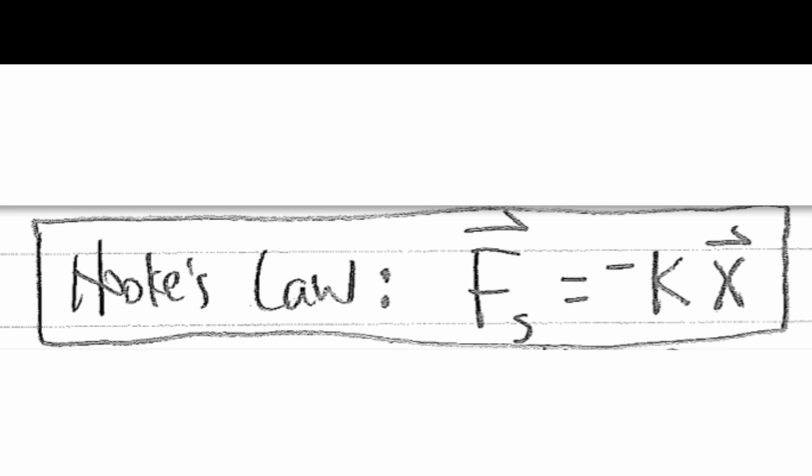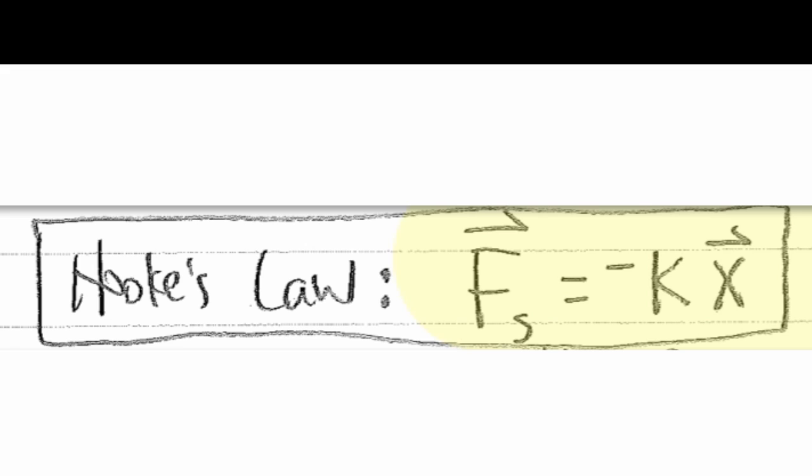Hooke's law is simply this: the force exerted by a spring is in the opposite direction of the displacement, and it's proportional to the displacement of the spring, how much you stretch or compress it, by this proportionality factor which we call the spring constant k. The negative sign is there because the force the spring exerts is always opposite to the way you pull or push the spring.